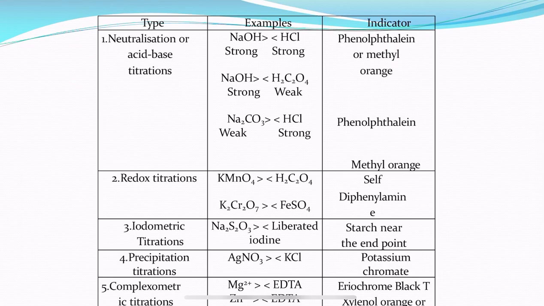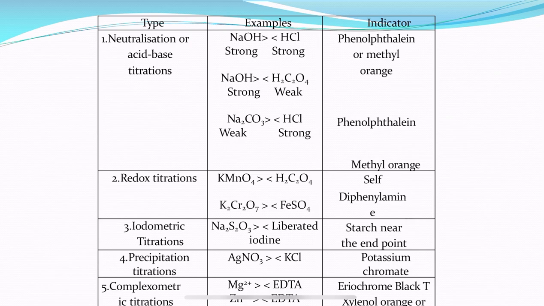Sodium hydroxide is a strong base and oxalic acid is a weak acid. This is another example. And next is sodium carbonate versus hydrochloric acid, which is a weak base and a strong acid. So, these are the different examples of neutralization or acid base titrations.